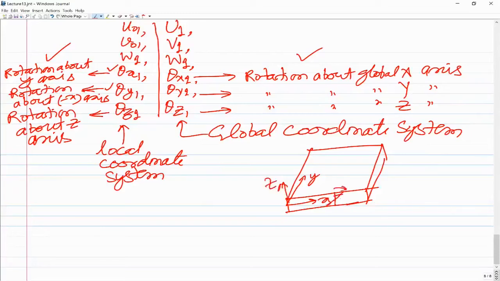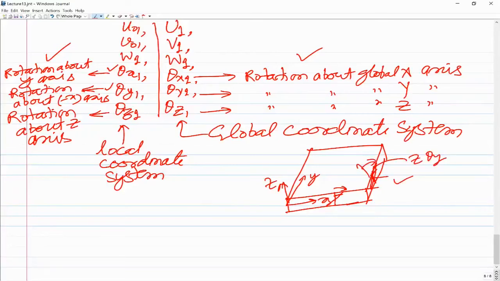So this rotation is the rotation about positive y axis. But when we look at the edge having outward normal along the x-axis, this is the normal to the middle surface, and for this we consider the rotation in this direction. Then we get this displacement, which is z into theta y, and that rotation like this is the rotation about negative x-axis. So theta y is the rotation about negative x-axis. I had explained this earlier.